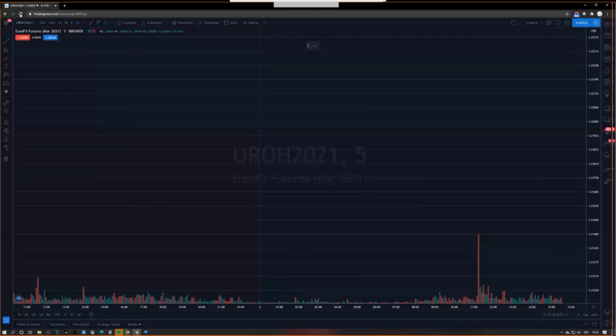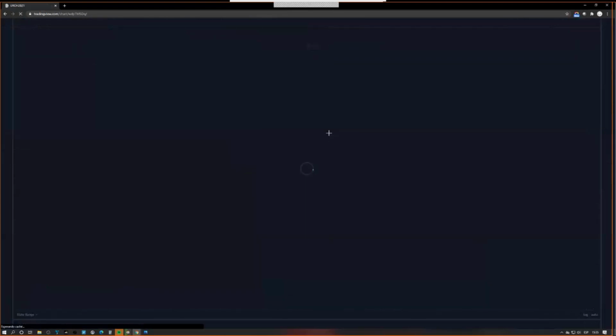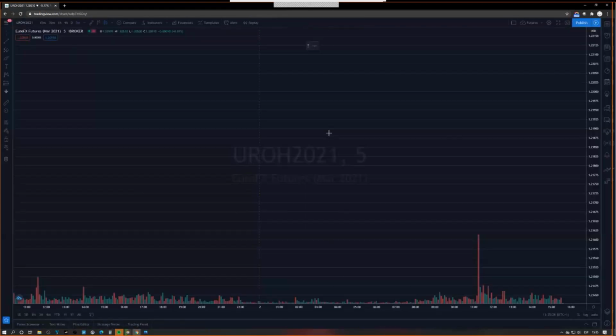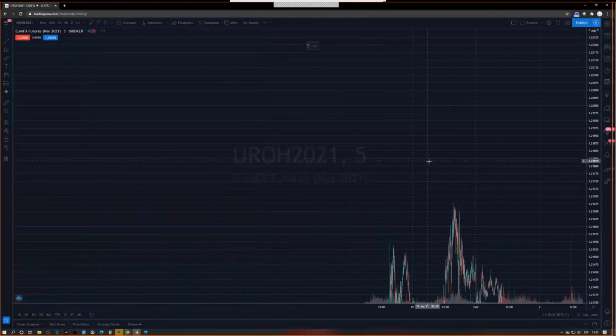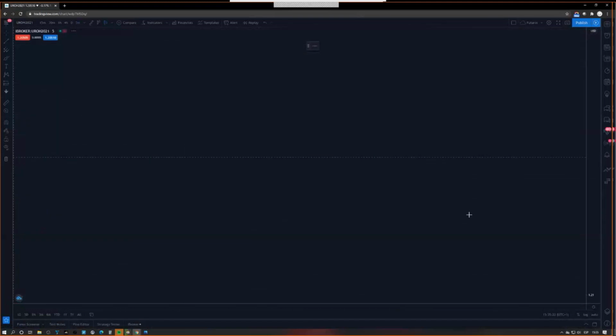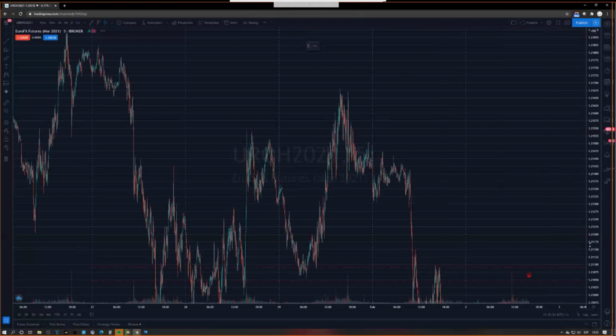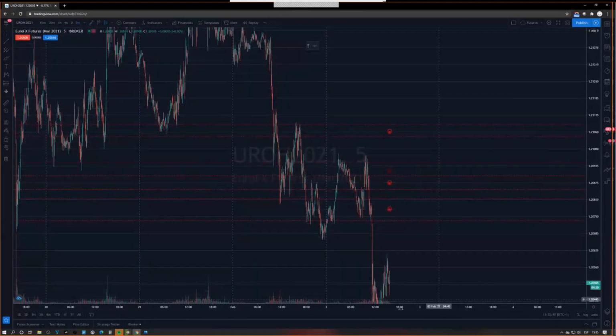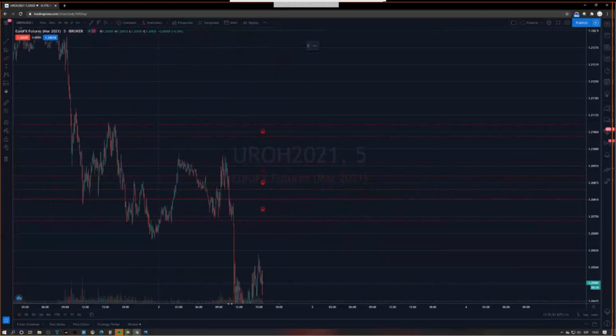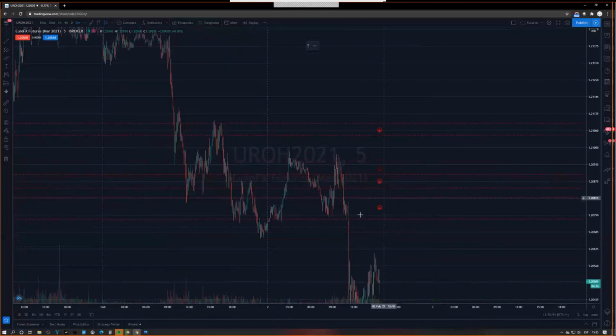It's now loading. Let me reload it again. Oh, here it is. Okay, here's the euro. And as you can see, there are some red circles here and red lines.